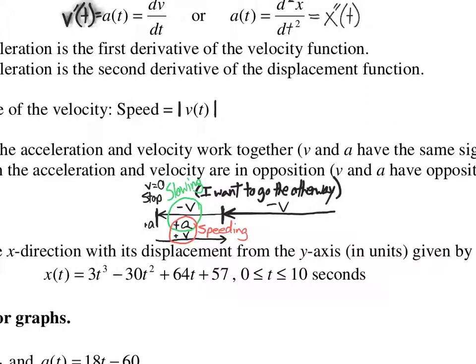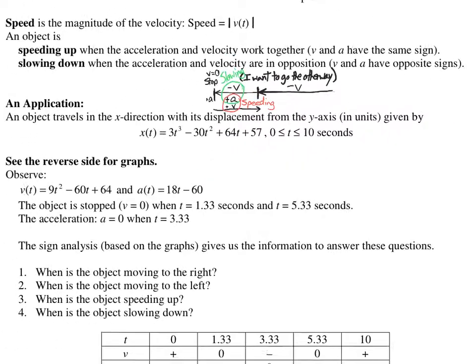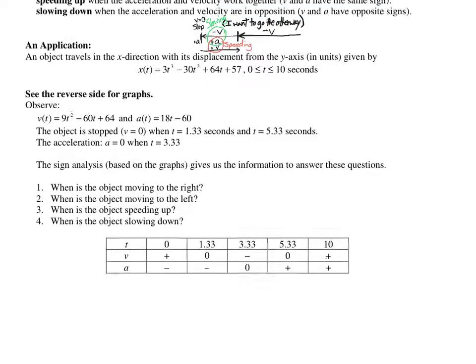It all has to do with the cooperation, you could say, of your mind and your body, or the cooperation of what you want to do and what is actually happening. You can think of your acceleration as what you want to have happen, and your velocity as what is actually happening.